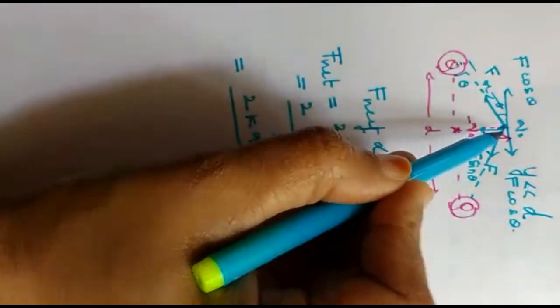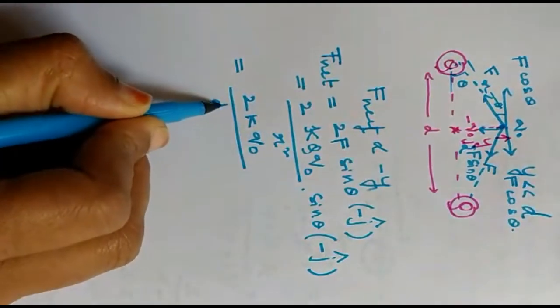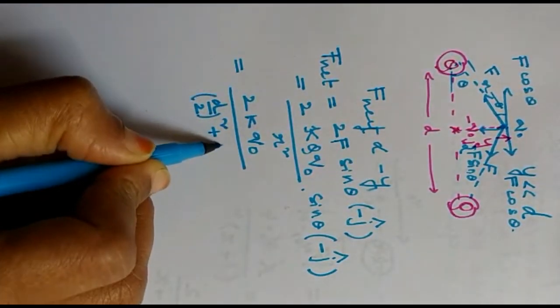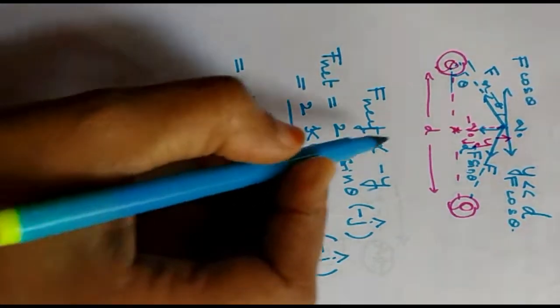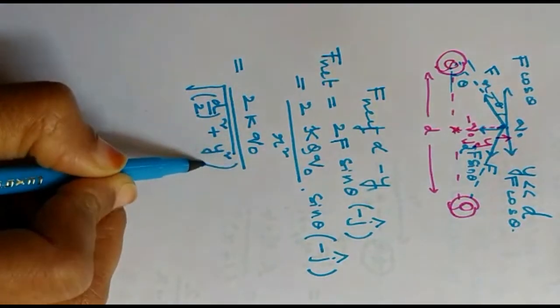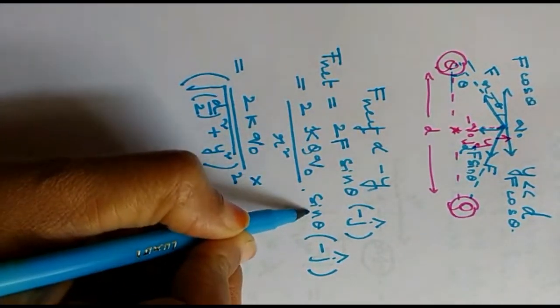Since R is a hypotenuse, one side is d by 2, another is y. I will write it as d by 2 whole square plus y square under root, again whole square because it is R square, into sin theta.